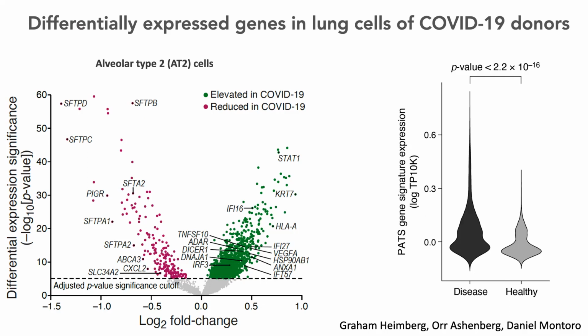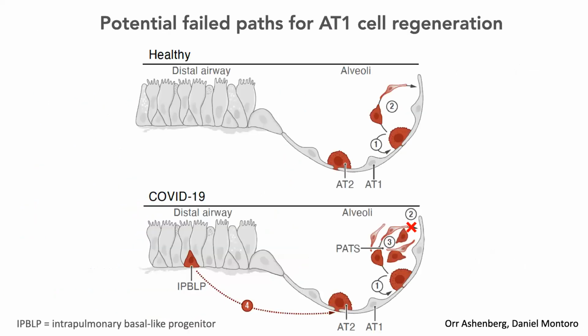And so the loss of these AT2 cells that I showed you earlier and the expansion of this PATS program in the COVID-19 lung really indicates to us that normal AT2 to AT1 differentiation programs in the lungs of COVID-19 patients are compromised. And we have a model of what we think is happening during epithelial cell regeneration.